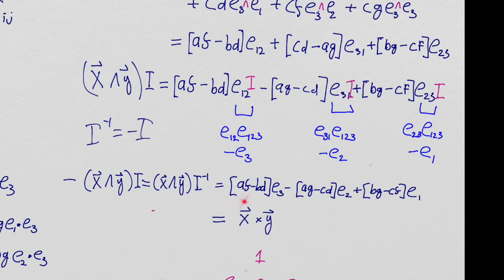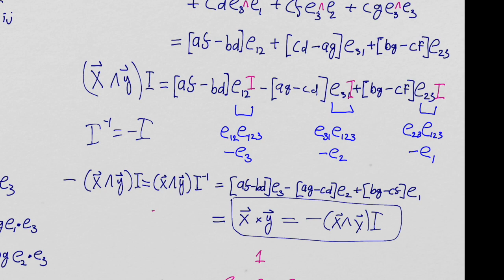And then when you run it through, you've defined this vector cross product. So it's a long way of saying that the vector cross product is equal to minus the dual of the vector wedge product. So that is how we define our cross product. So we're making contact between regular three-dimensional vector analysis and our geometric algebra.